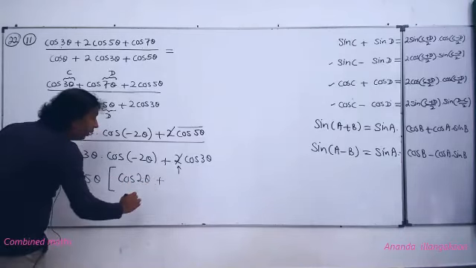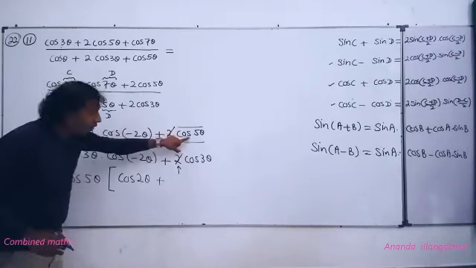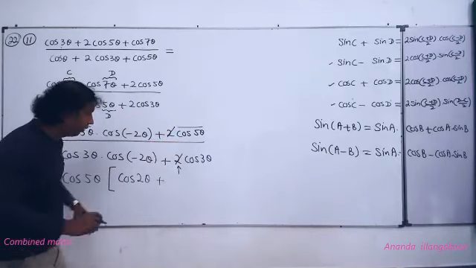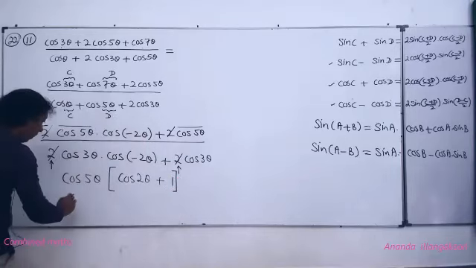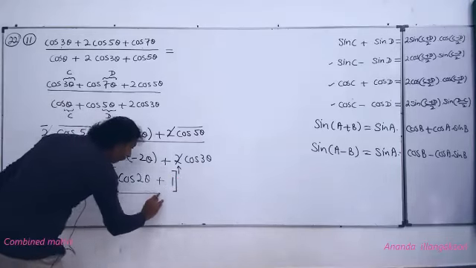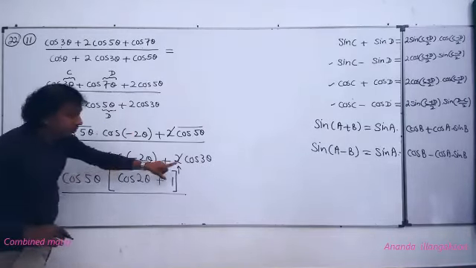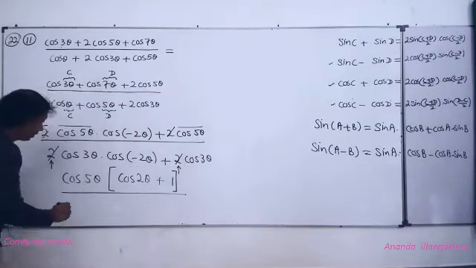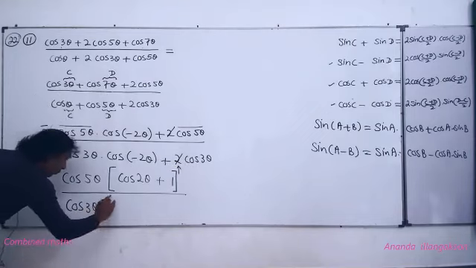Right. Here, people, this cos 5 theta, when you take out as common factor, what will remain here? 1, no? Right. Plus 1. And now, here cos 3 theta here and cos 3 theta here, right? Common, take it out. Right.